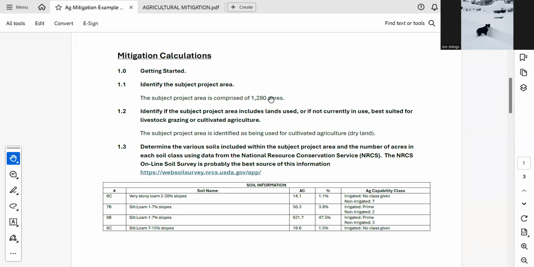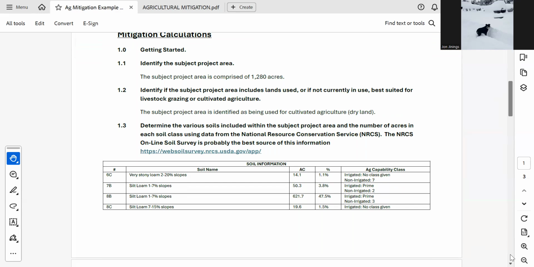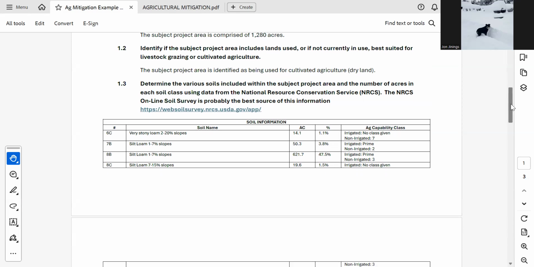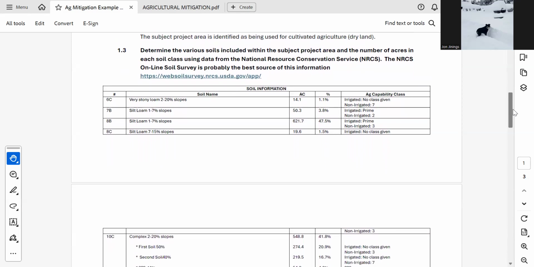This is a 1,280 acre project area. It is best characterized as being used for cultivated agriculture, dryland agriculture. There's a table. You don't have to do this, but I've just tabulated the soil information in that table.